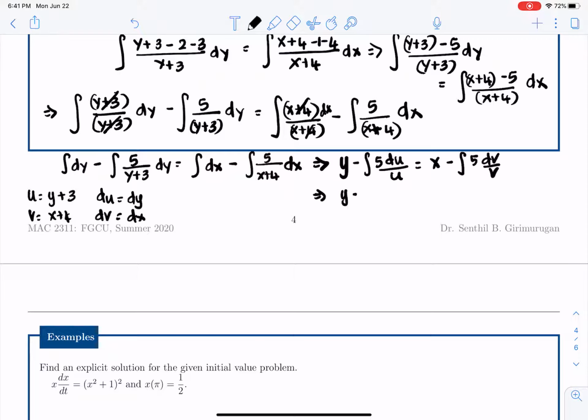So y minus 5, integral of du over u is simply ln of u. Integral of dv over v is ln of v. Plug in the value of u and v back in.